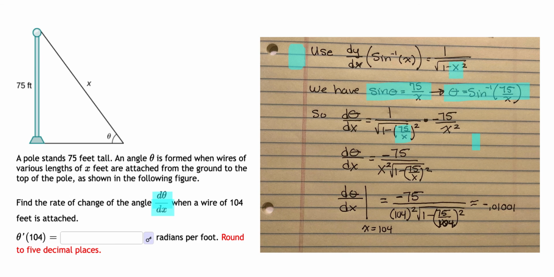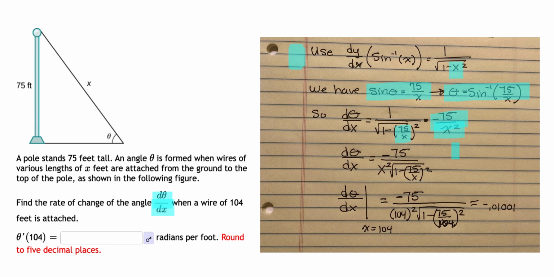So I have 1 over the square root of 1 minus 75 over x quantity squared. But because I have something other than x in there, I have to use the chain rule and multiply by the derivative of 75 over x, which gives me negative 75 over x squared.